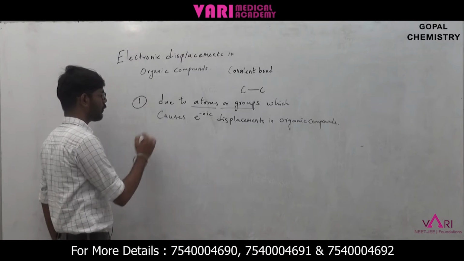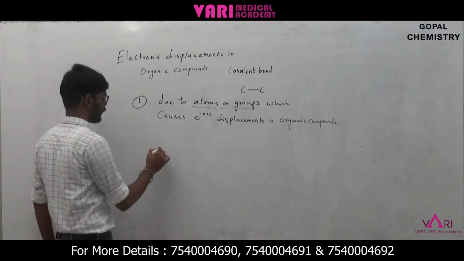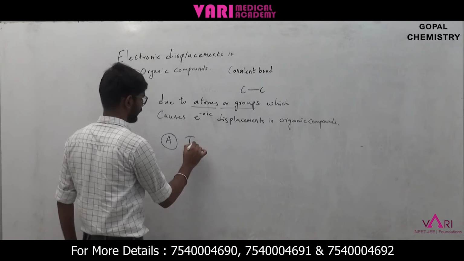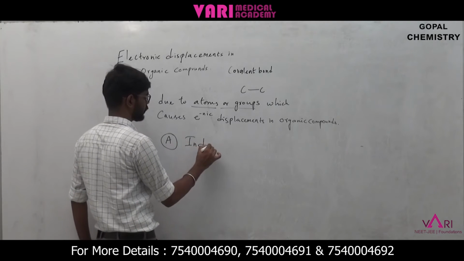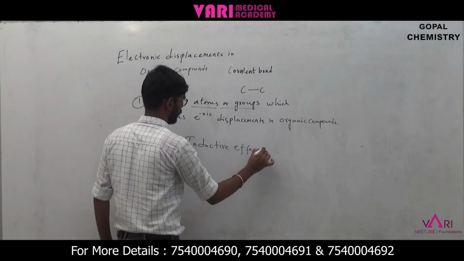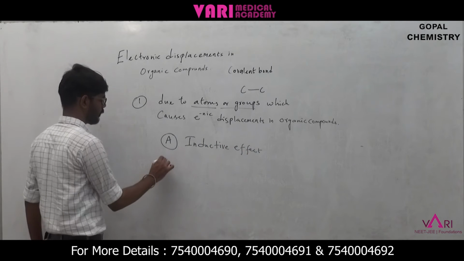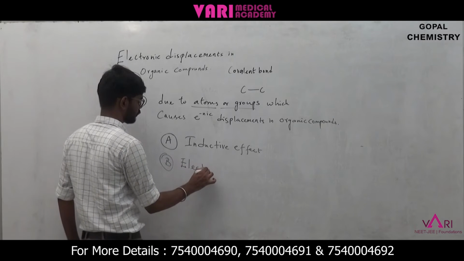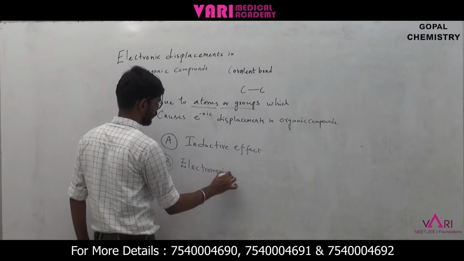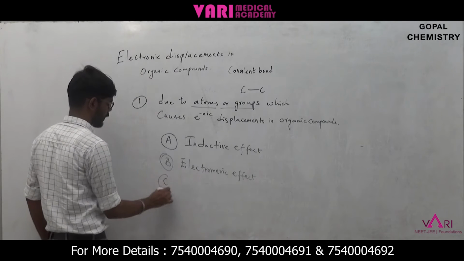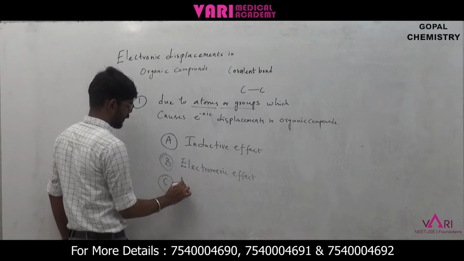Okay, so in other words, we can explain it as the inductive effect. This one is the inductive effect, and next one is B, the electromeric effect. And C is the mesomeric effect.